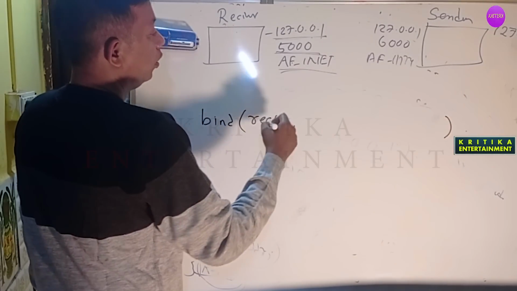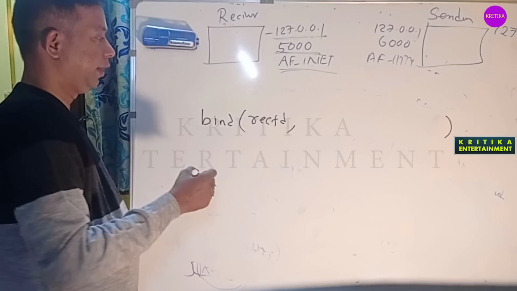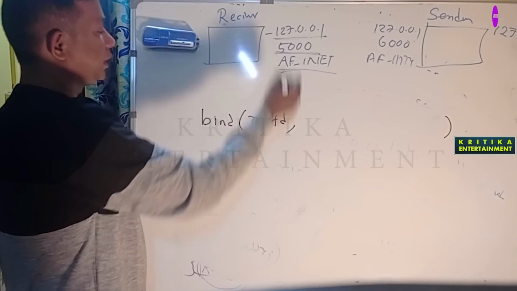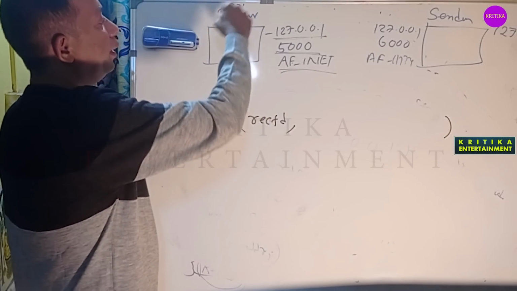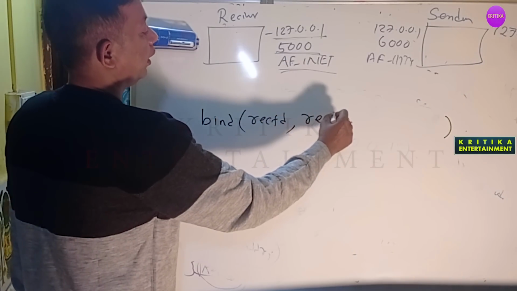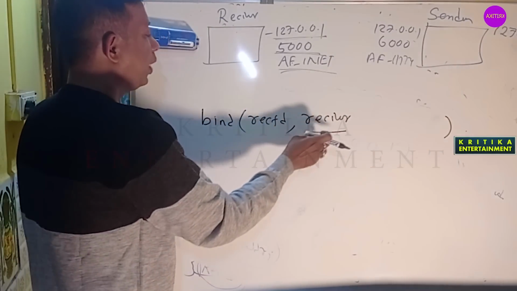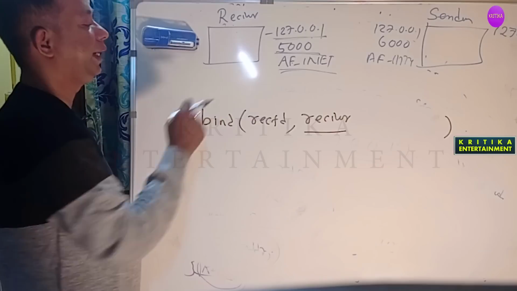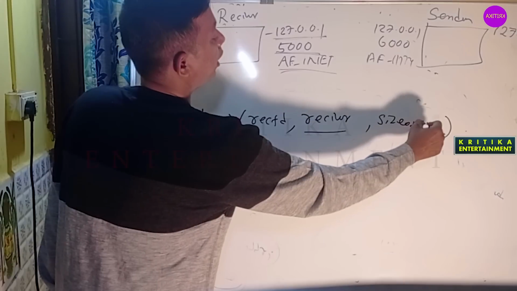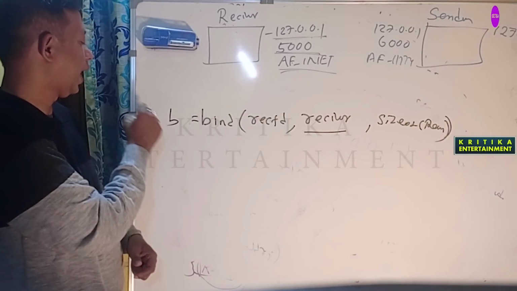Second is the receiver variable. This machine wants to create a process, so bind makes it a receiver by associating the port and IP address to the receiver FD. Then what is the size of the receiver? Size of receiver. So I will write this equal to int B.